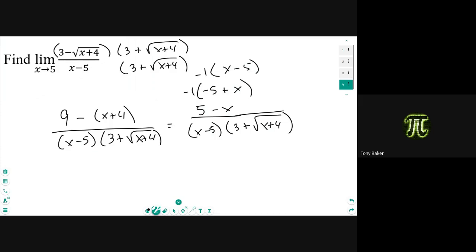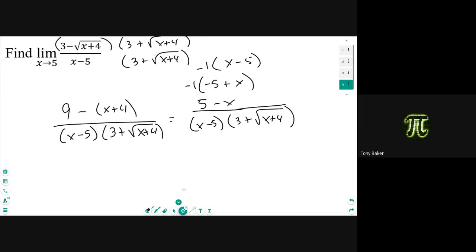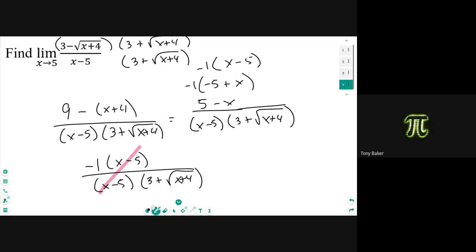So now I have -1, x minus 5, over x minus 5, 3 plus the square root of x plus 4. Now I can cancel this out. And 2/3 of the class, this will be written down on your index cards. I can pull out a -1.